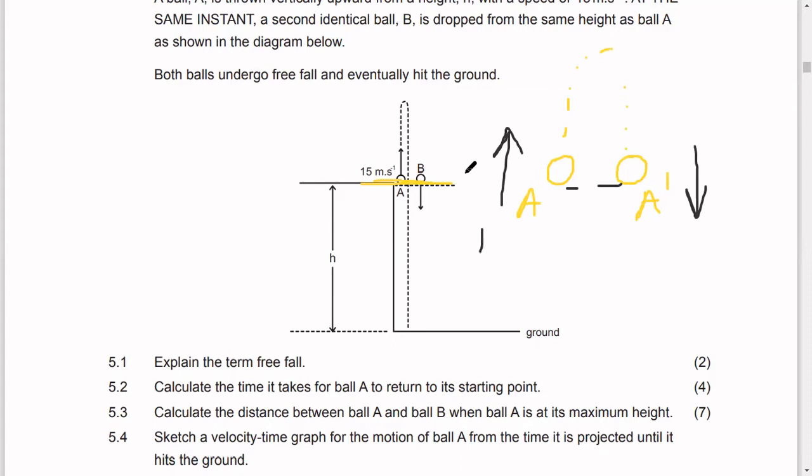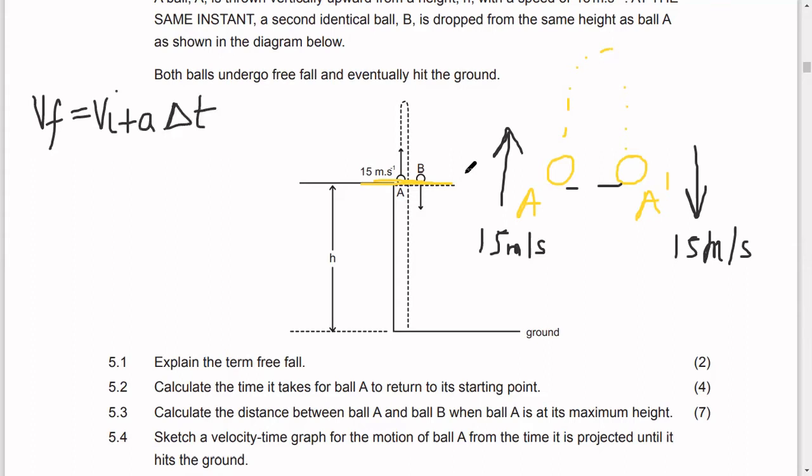Ball A was moving at 15 meters per second upwards, therefore on the other side it's 15 meters per second downwards. To calculate the time, I'm going to use VF equals VI plus a delta T. Keep in mind that I always take down as positive unless there is an exception or I'm specifically told to take a specific direction.